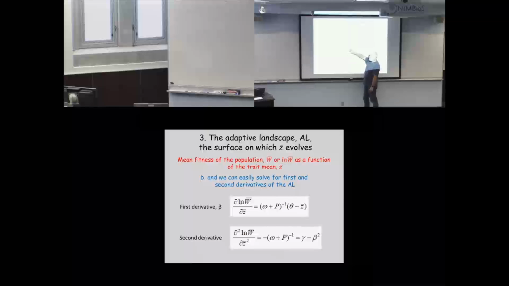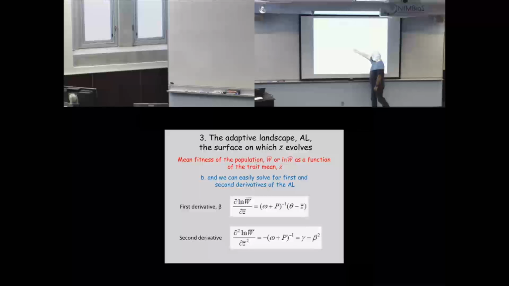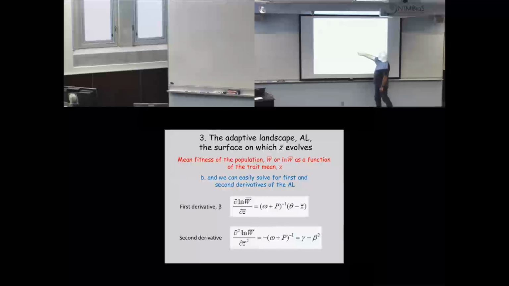It's the first derivative of the W bar, or actually ln W bar function. Beta also takes a simple form. It's the deviation of the trait mean from the optimum divided by omega plus P. Now, why have I written it this way? Why am I doing that? You can guess.